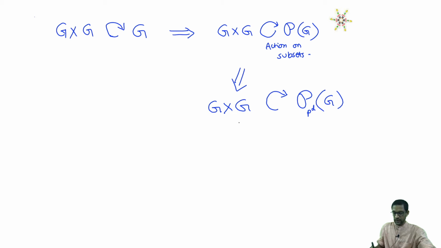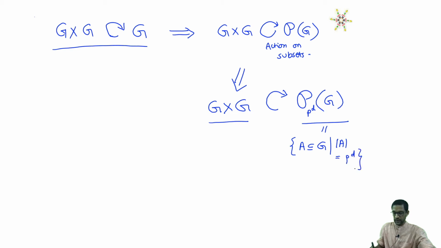So in other words, because there is this two-sided action of G on the set G, there is also a two-sided action of G cross G on the set of all subsets of cardinality p to the power d. Recall this is just the subsets of G whose cardinality is exactly p to the power d.